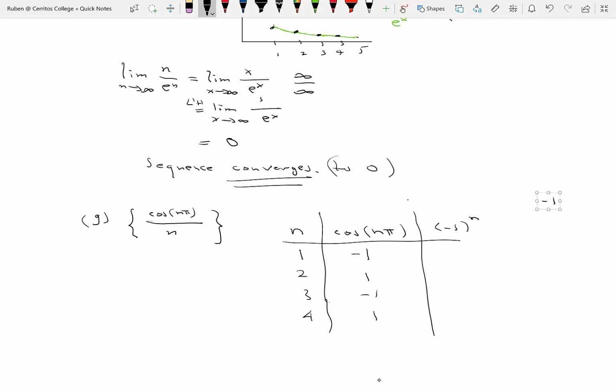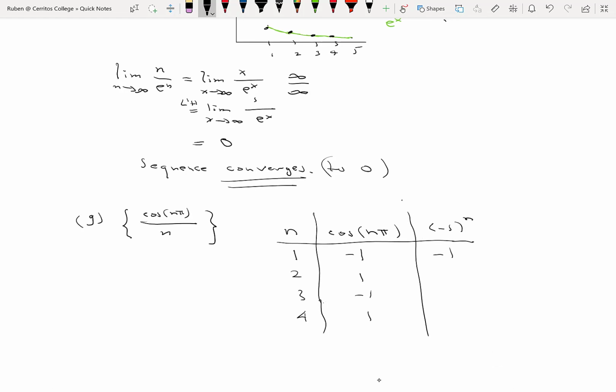I had a student show me how to do this efficiently, and it's not working. Here it is. Okay. So when n equals 1, I have -1 to the 1. N equals 2, I have -1 squared. N equals 3, I have -1 cubed. And -1 to the 4th, etc.